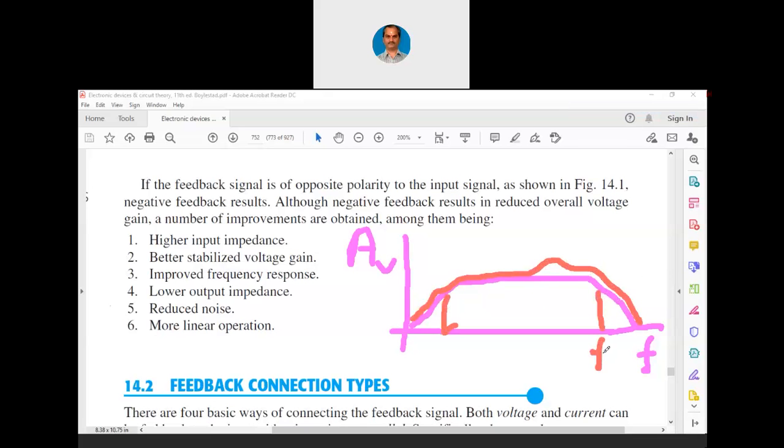This can be now FH, and this can be now FL. This is fine. But you can see here, this particular portion, let me change the color again. Now, at this particular portion, you can see that the gain is not uniform.